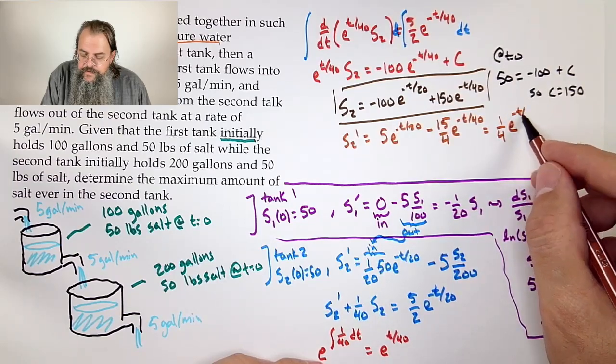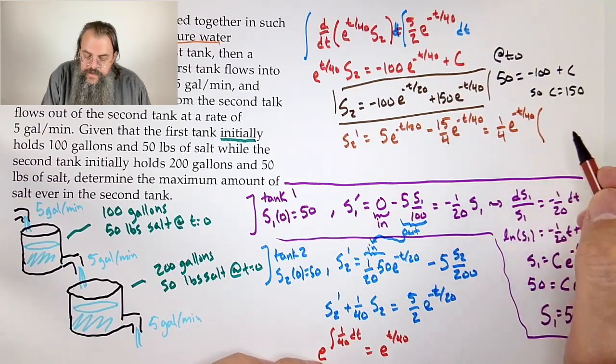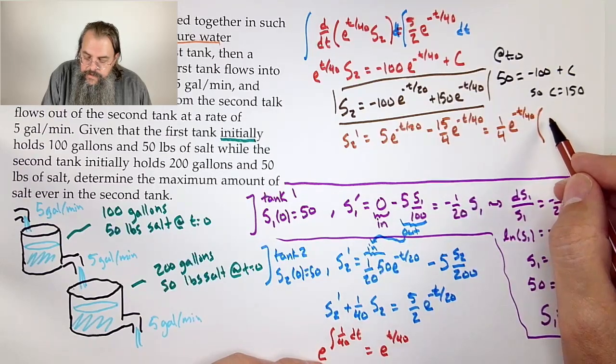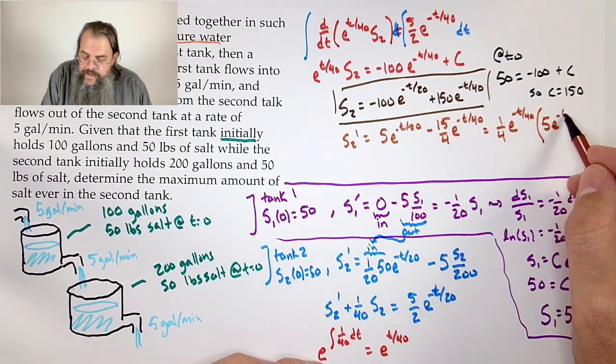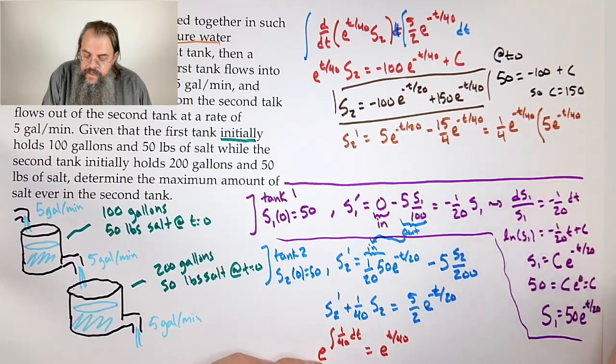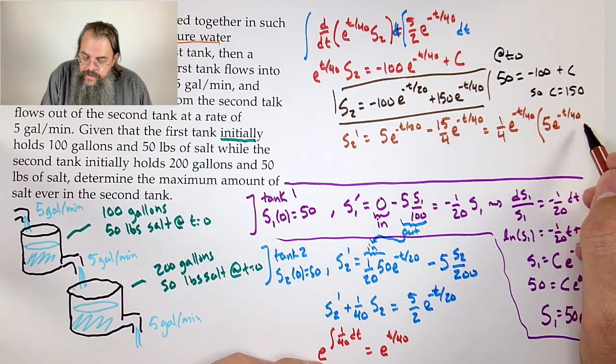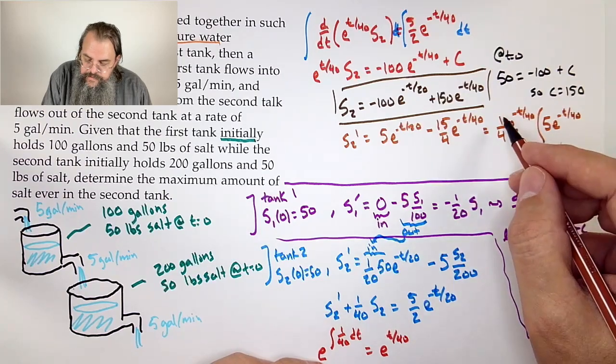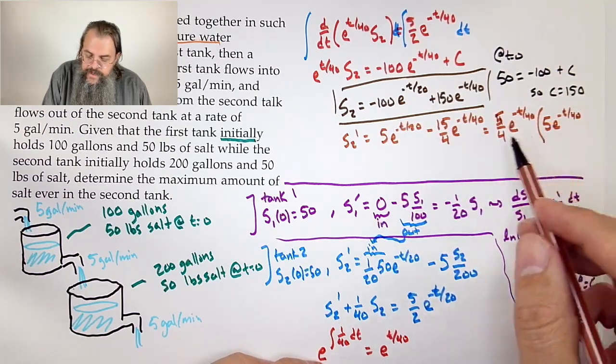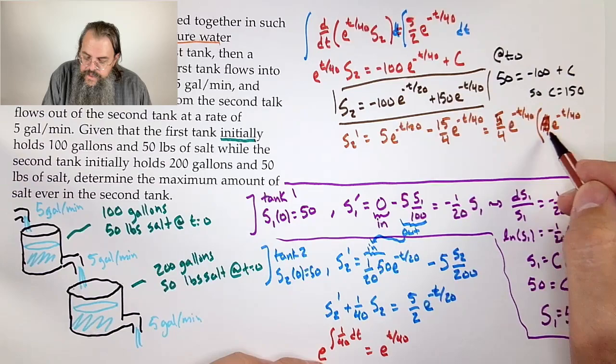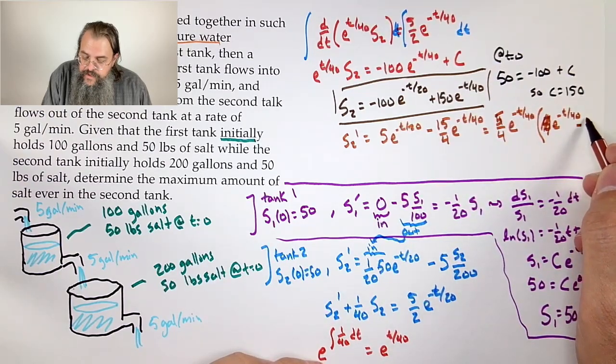We'll have e to the minus t over 40, and then what's left? From here, we'll have 5 e to the minus t over 40, because we pulled out a little bit, and then minus, we should have pulled out a 5, shouldn't we? There we go, 5/4. So that's just a 1, and then minus 3.